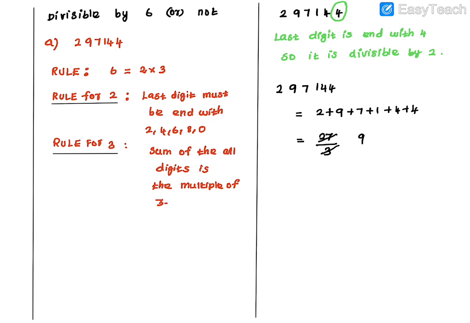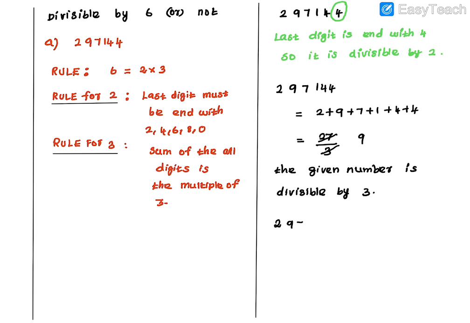So we can write that the given number is divisible by 3. It satisfies two conditions. It is divisible by 2 and it is divisible by 3. That means the given number is divisible by 6.